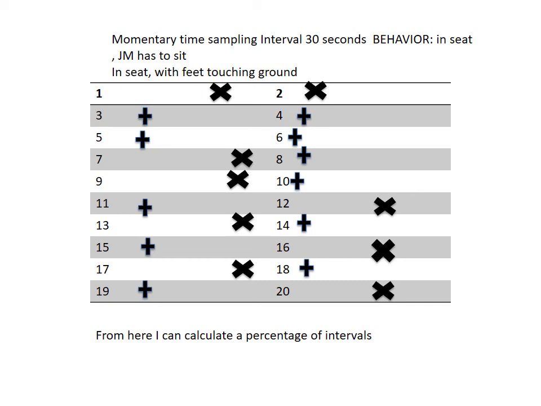Likewise in 4, 5, and 6, the observer looked up, and each time JM was in his seat. So as you can see, the person only has to look once that signal goes off to see if the person is engaged in the behavior.